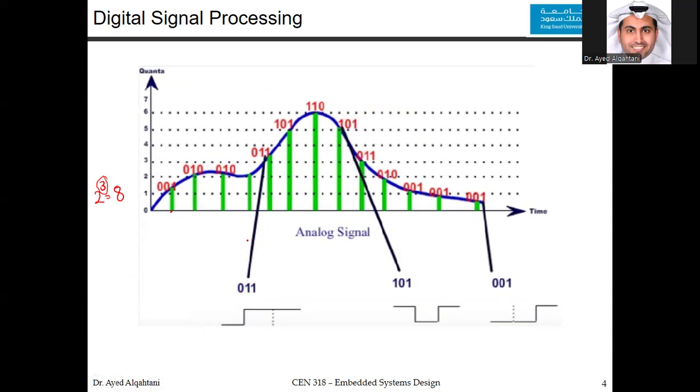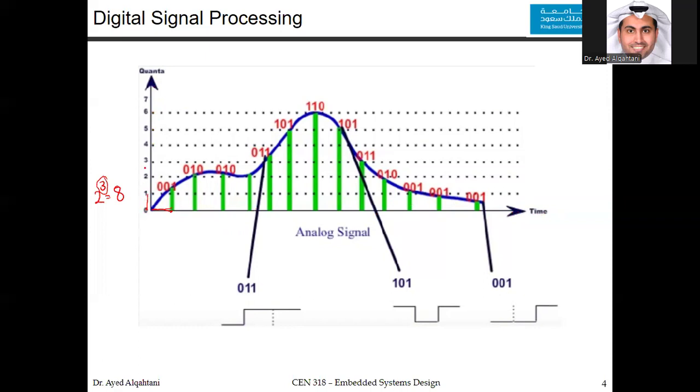Now, just some of the things to repeat and reinforce. In the x-axis, which is the time, this time we call the sampling period. In the y-axis, we have here the levels. This is the distance between two levels.